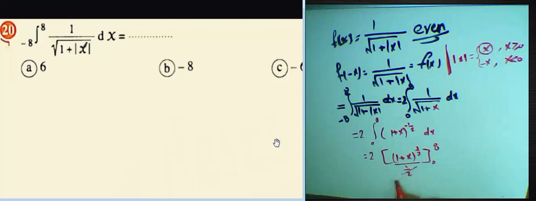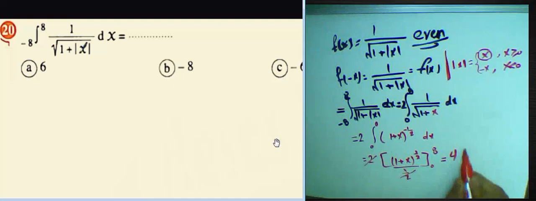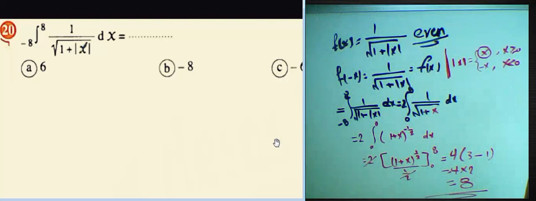We can cancel the half by 2, multiplying by the inverse, 2 times 2 equals 4, so write 4 here. Put 8 in: 1 plus 8 equals 9, the square root of 9 equals 3, subtract 1 plus 0 equals 1. 4 times 2 equals 8. The result of this example is 8.